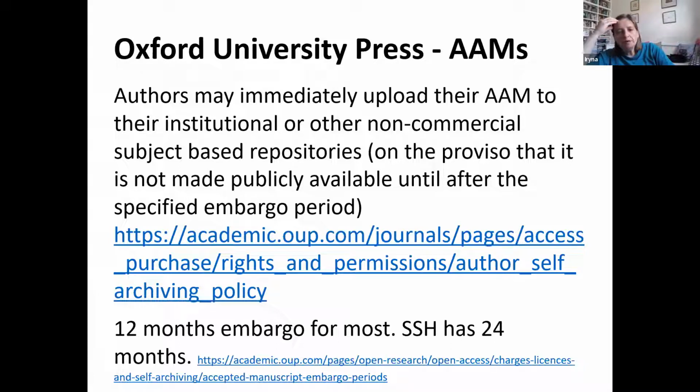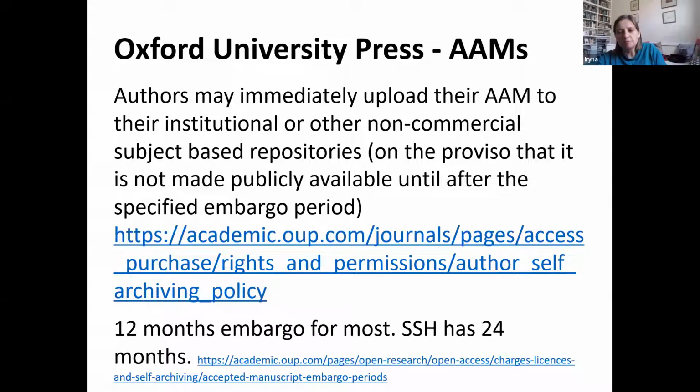OUP allow immediately uploading AAMs to institutional or other non-commercial repositories, but it's only about uploading and not about making them publicly available, because to enable access to that uploaded AAM, the repository should follow embargo periods, and there is a link to descriptions of embargo periods for different journals.